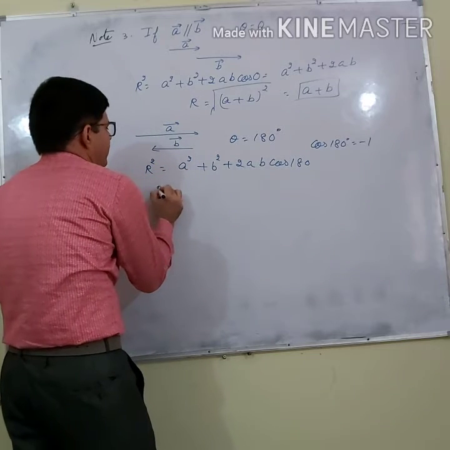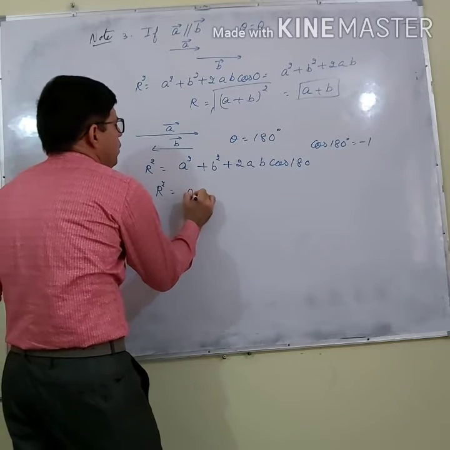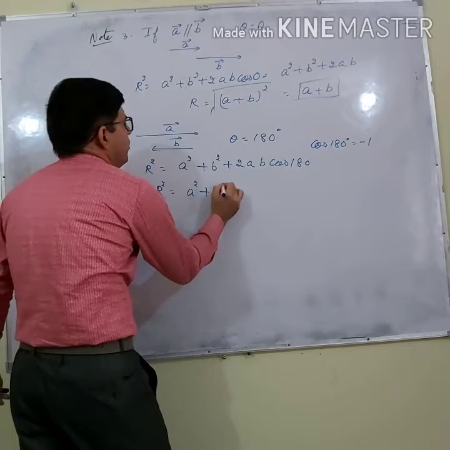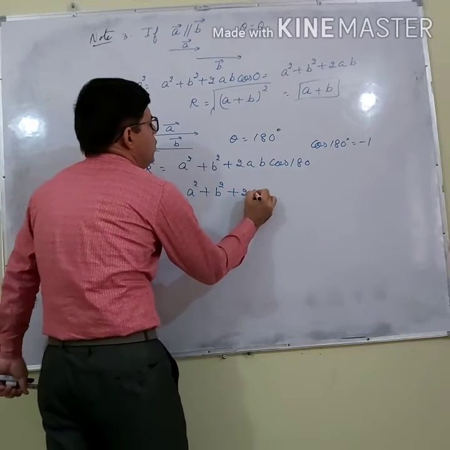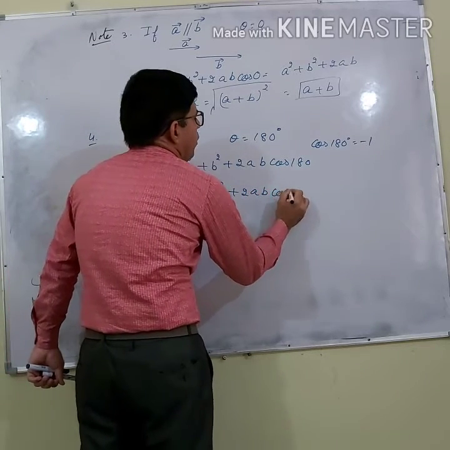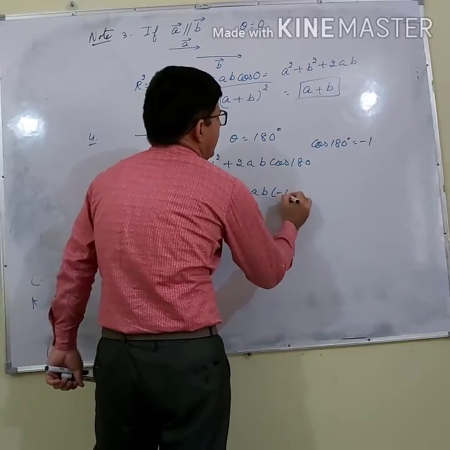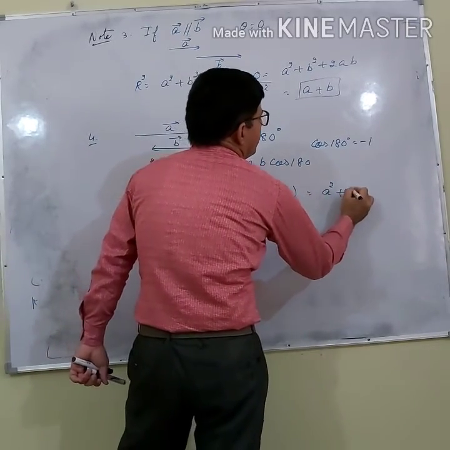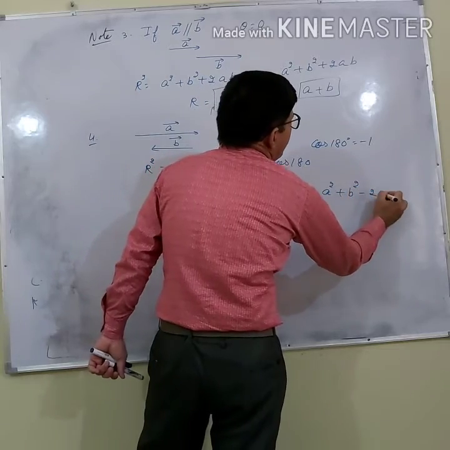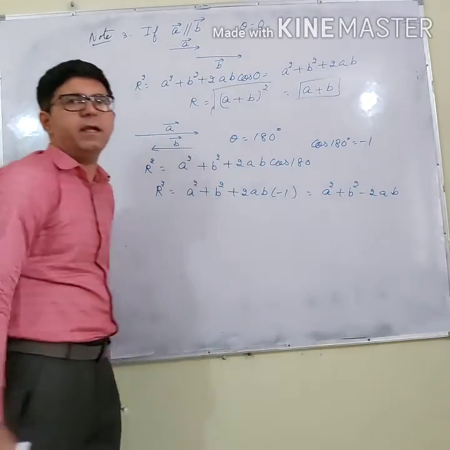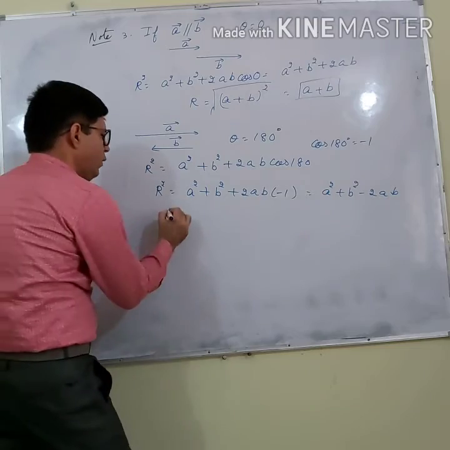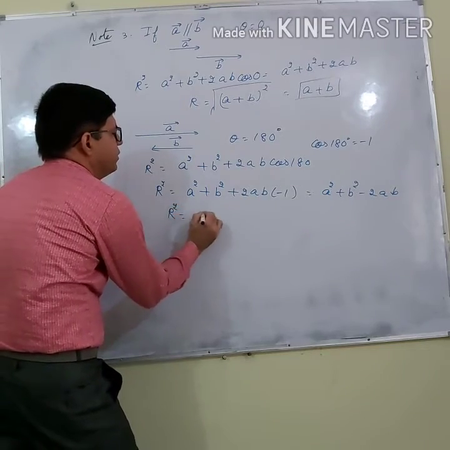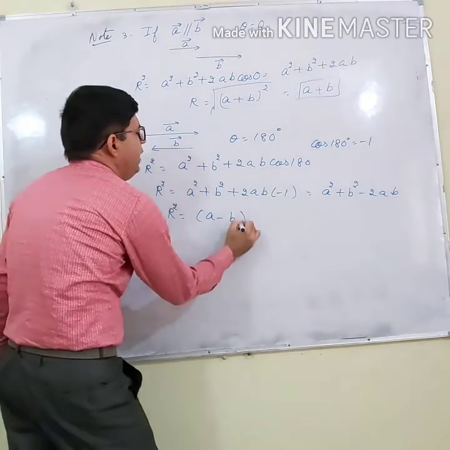So R square equals A square plus B square plus 2AB times minus 1. If you solve this, A square plus B square minus 2AB, this is very clear, it is A minus B whole square. So I can write R square equals A minus B whole square.